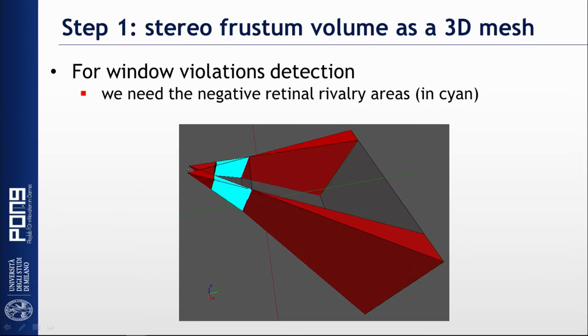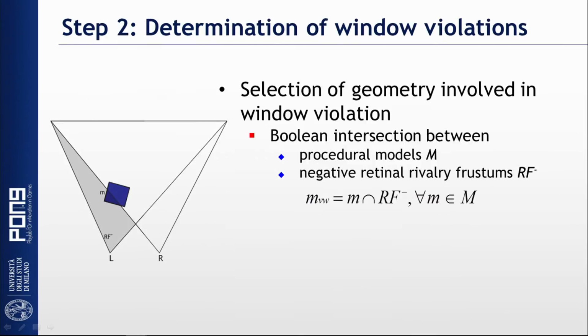Having done this, we can have actual models. In this case, considering that we are detecting window violations, we are interested in these 2 solids, the 2 negative parallax frustums that are represented here.